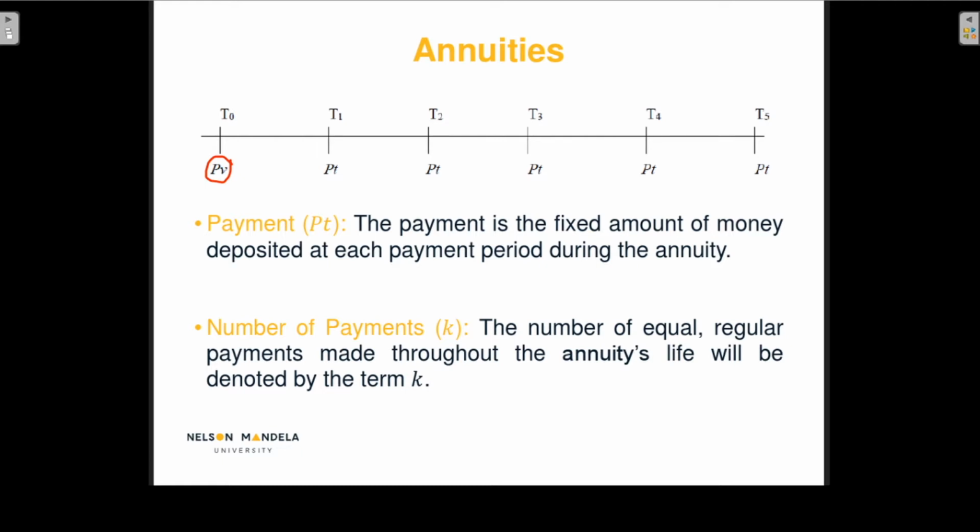Then the first payment is made one payment period after this lump sum is secured. And the last payment is made here at time T5. So we have 5 payments and therefore the number of payments will be equal to 5. My K is equal to 5.